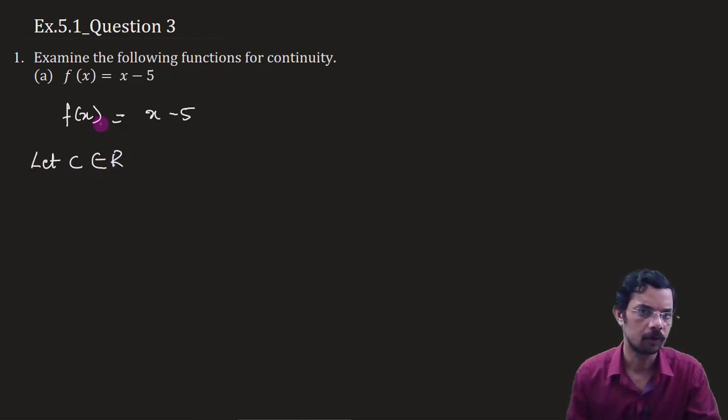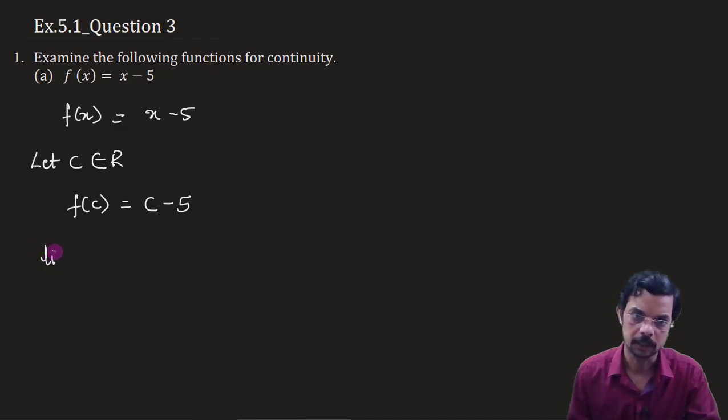So what is the value of this function at c? First, we check whether the value of the function exists at c or not. So f of c will be equal to c minus 5. That is very clear. We just put x equal to c and we get c minus 5. Now we check whether the limit exists or not.